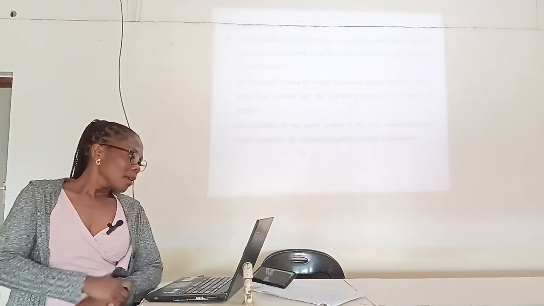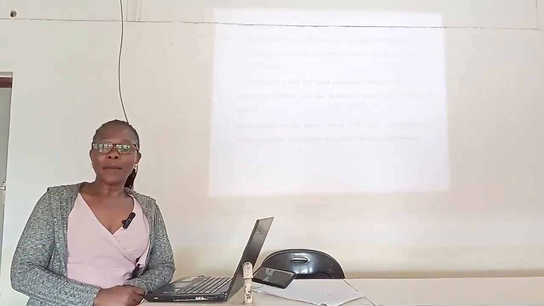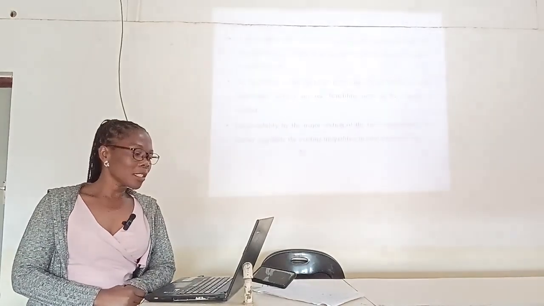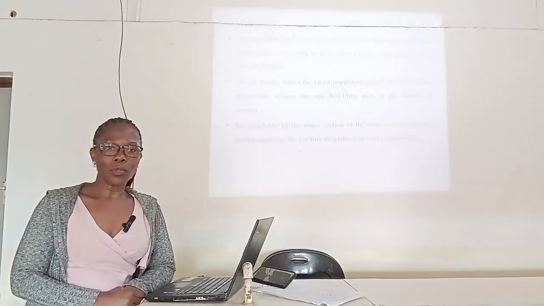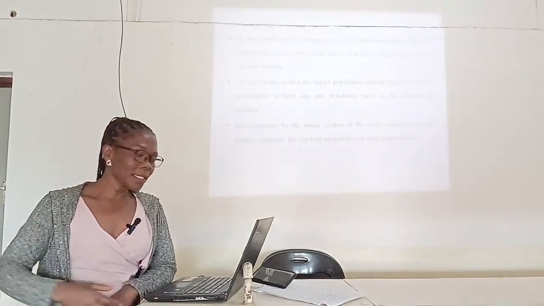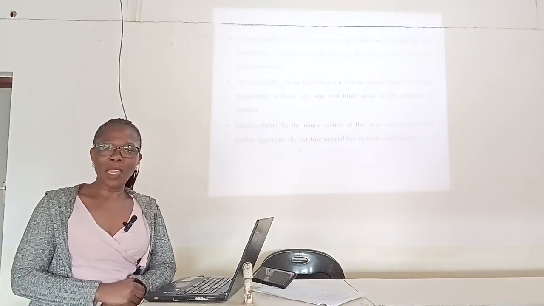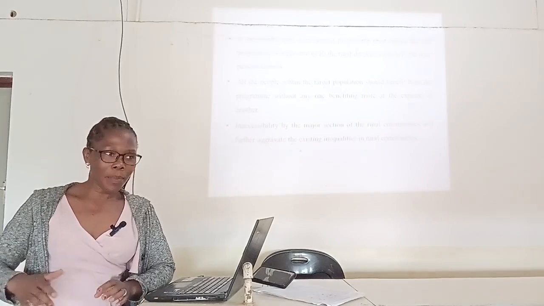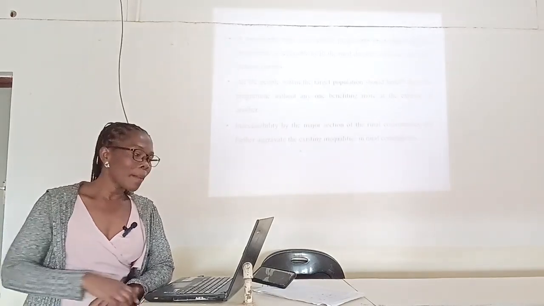So the first principle of rural development is accessibility. The programs that you are implementing should be accessible to all rural people, to all rural dwellers. They should have access to that development, whether they are peasant farmers, the very poorest people, but everyone.